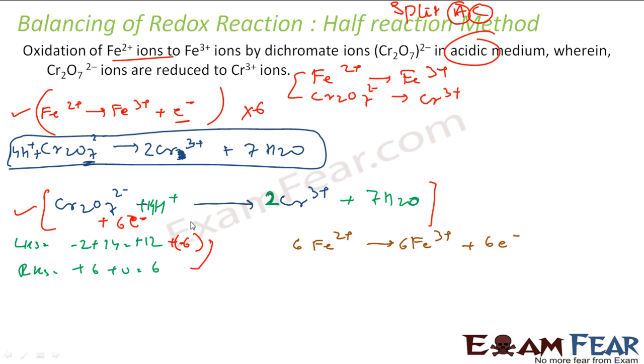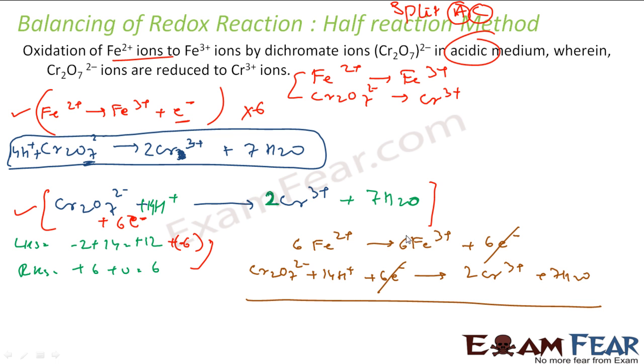This reaction, let me write this, you get Cr2O7 2- plus 14H+ plus 6 electrons gives you 2Cr3+ plus 7H2O. So if you see, the electrons cancel, right?